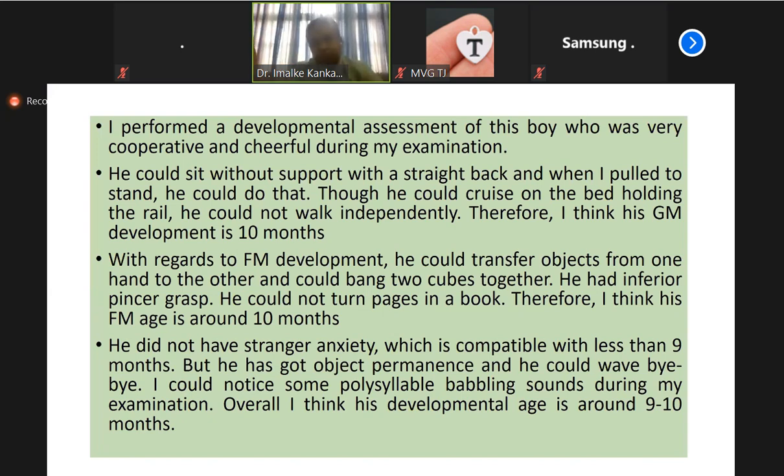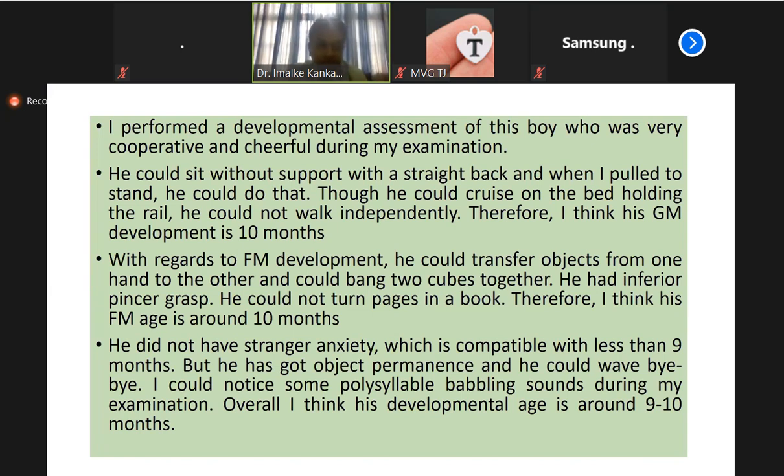Saying lying comfortably on the bed and age appropriately grown is a silly statement here. In this case, it has to be how alert, active, friendly the child is. Abroad, they will say, I performed a developmental assessment of this lovely young lad, who was very cooperative and cheerful during my examination. Those are the terms they use.